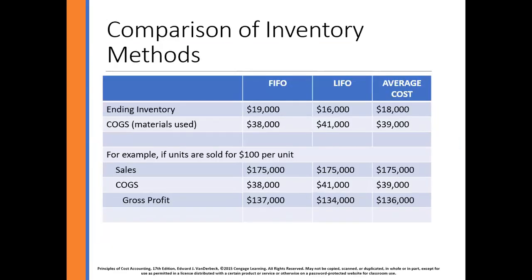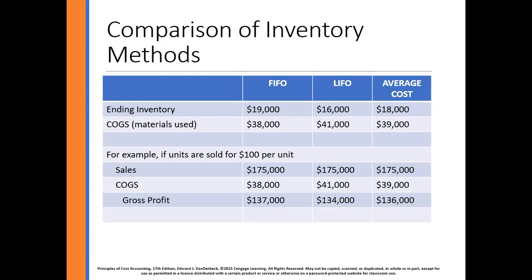Okay, comparison of the inventory methods. FIFO, LIFO, and average cost methods are all three part of our generally accepted accounting principles. But depending on which one a company employs, their ending inventory and cost of goods sold, in this case just the material cost, because we're just focusing on materials cost, will be a little bit different depending on the method.